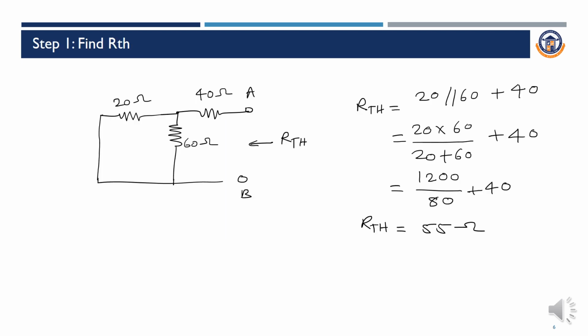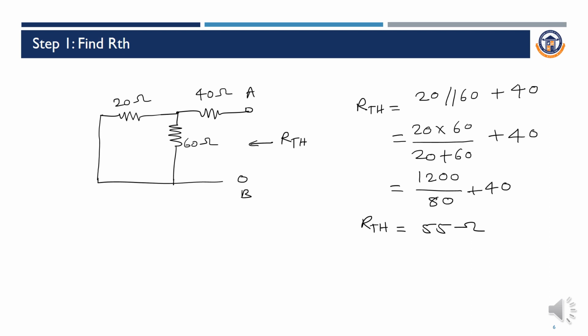The voltage source is made zero by short circuiting the terminals. After making the energy sources zero, the circuit will become like this. That is, across the terminals A and B, we have the 40 ohm resistor in series with the parallel of 60 and 20 ohm.